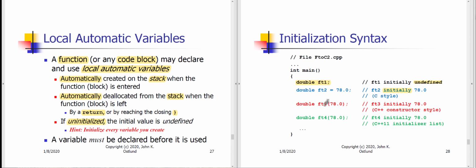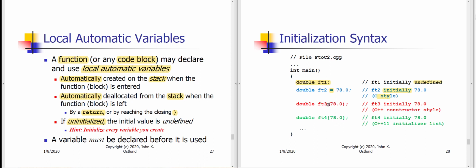In these next three statements, we're declaring that ft2 is a double variable, a double object, and ft2's initial value is 78.0. This equal sign is pretty common in declarations and initializations of variables. It's a style of initialization that dates way back to the C language, all the way back to the mid-1970s or so.